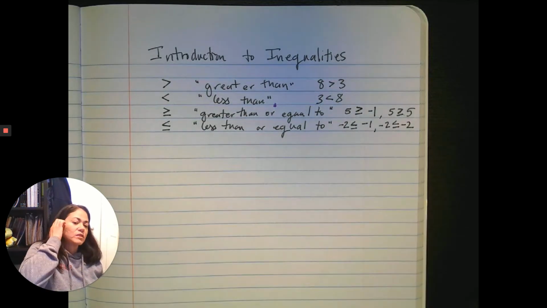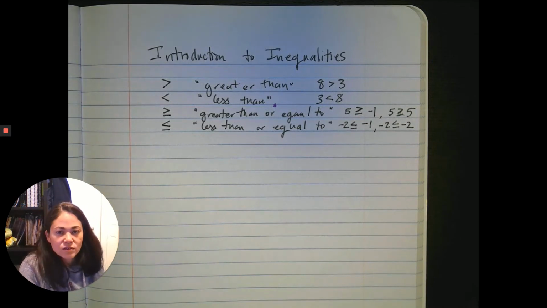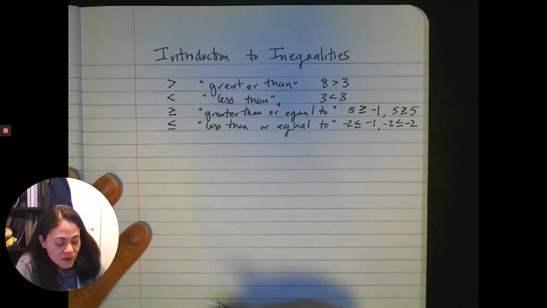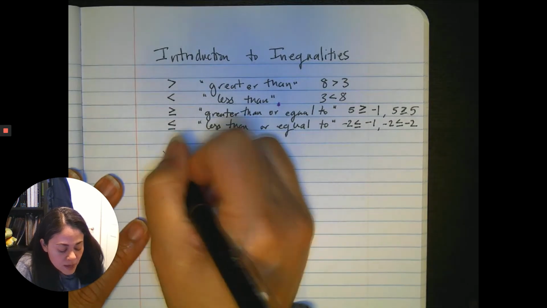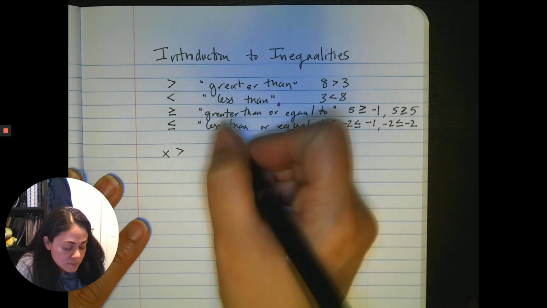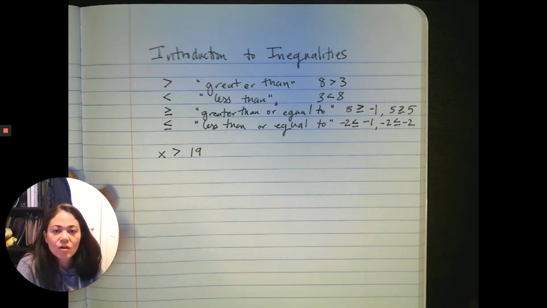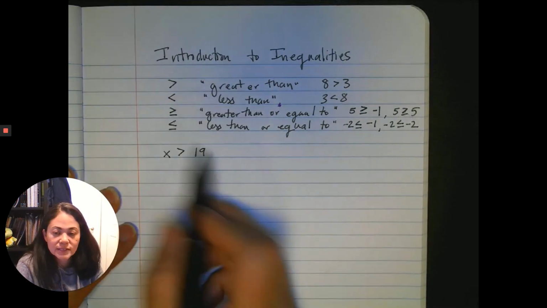So what you might start to see or realize is that when we have inequalities, there's actually multiple solutions possible. So once we introduce a variable and we have a statement like x is greater than 19, now you can see there's all kinds of possibilities of what numbers would work for this statement.